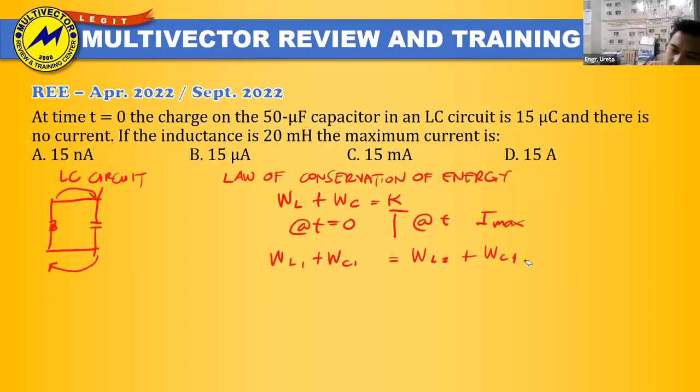Eh sir, ano bang formula ng energy stored sa ating inductor? 1/2 Li square. Okay, kay capacitor naman, depende kung ano yung binigay. Since binigyan tayo dito ng charge and capacitance, formula ng work natin, Q square all over 2C. Okay, ganun din dito.